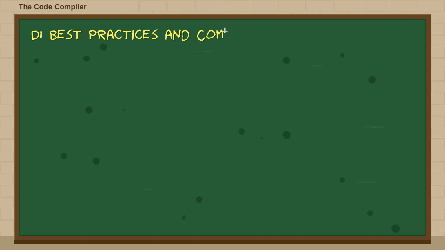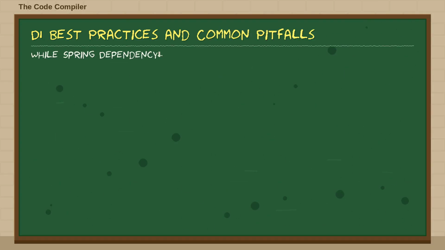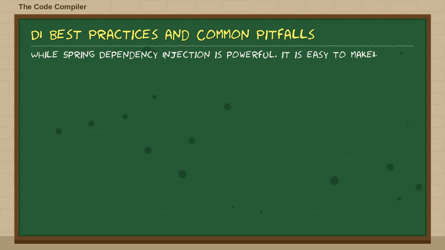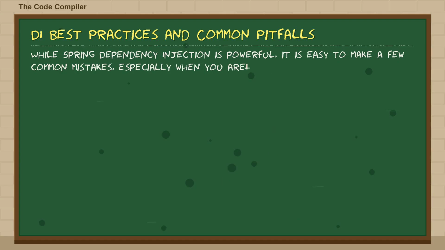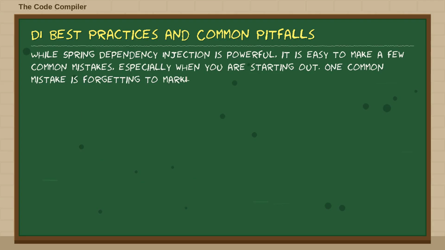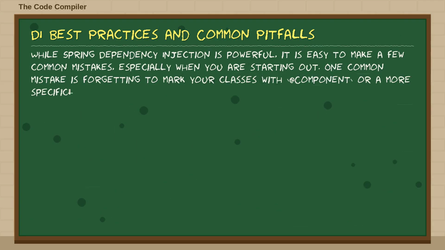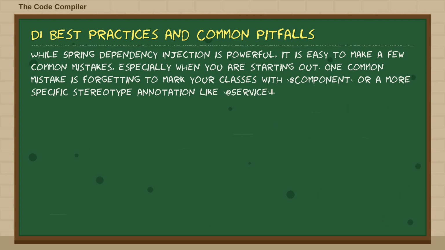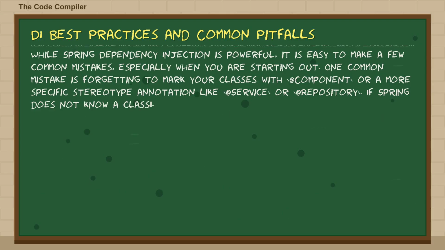While Spring dependency injection is powerful, it is easy to make a few common mistakes, especially when you are starting out. One common mistake is forgetting to mark your classes with @Component or a more specific stereotype annotation like @Service or @Repository. If Spring does not know a class is a component, it cannot manage or inject it.